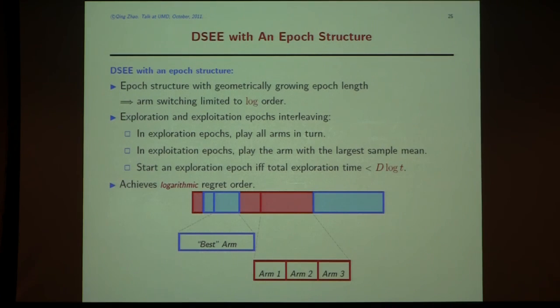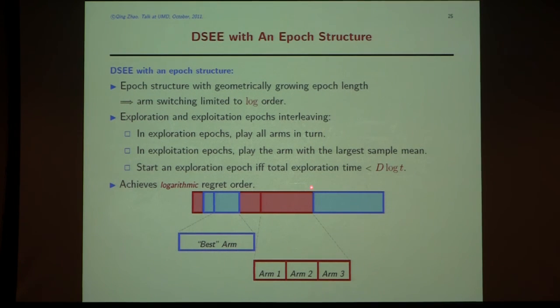So the policy we propose as a structure can again be extended to handle this scenario. Essentially here, we introduce an epoch structure. So now, in terms of exploration, we don't just choose independent time instances as the subsequence.